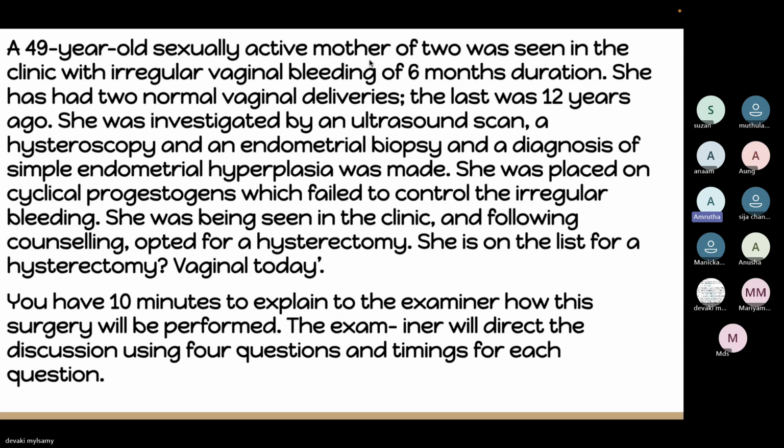After that, a metal catheter needs to be inserted to empty the bladder as well as to know the edge of the bladder. After that, bimanual examination will be done to know the size, position, and mobility of the uterus, and also to know any adnexal pathology.